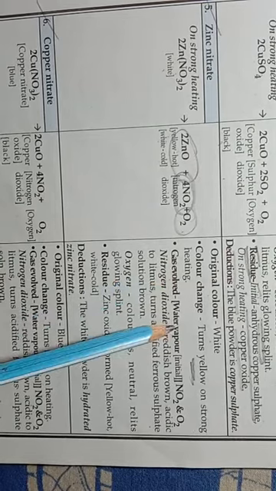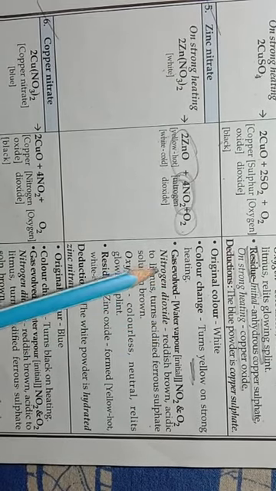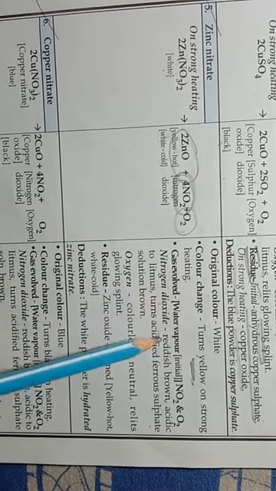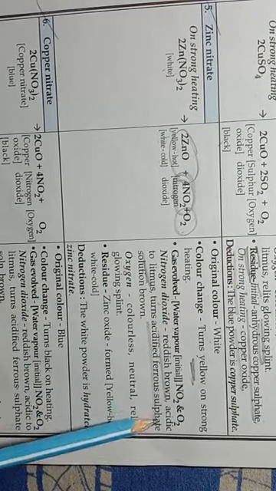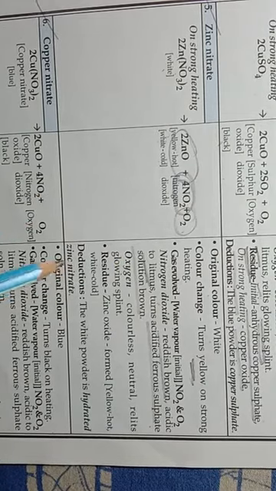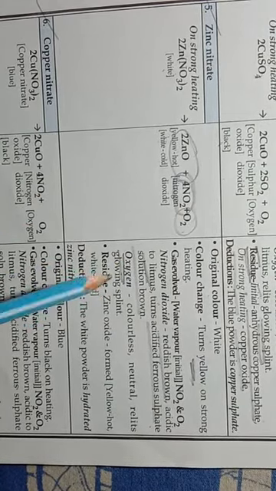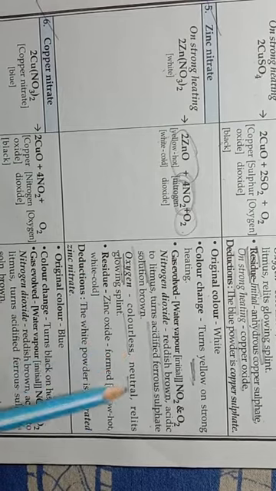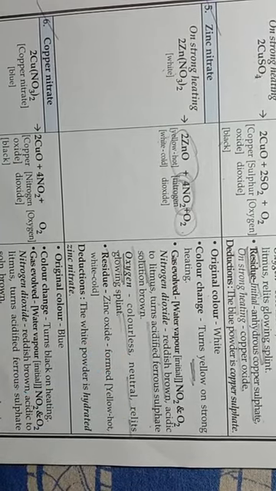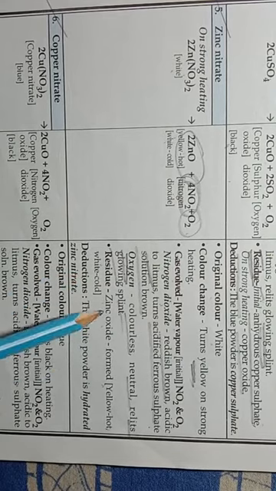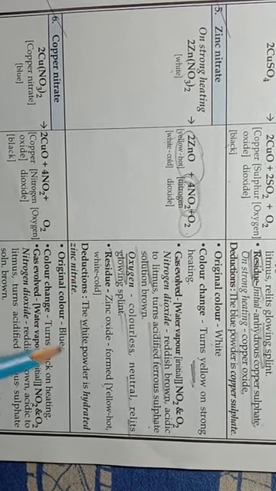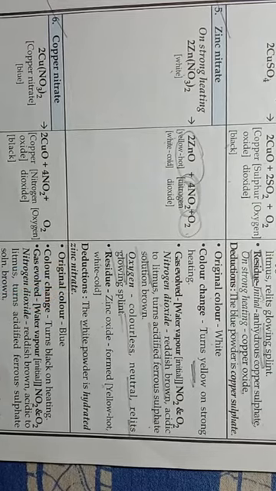Gases evolved: water vapor, NO2 and O2. Nitrogen dioxide is a reddish brown acidic gas that turns acidified ferrous sulfate solution brown. Oxygen: colorless, neutral, relights a glowing splinter. The residue is zinc oxide. What we can conclude on the basis of all these observations is that the white powder is hydrated zinc nitrate.